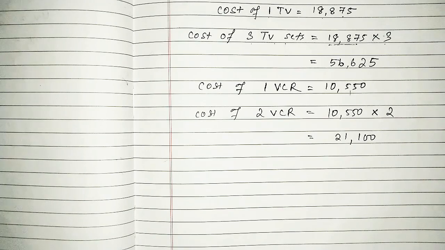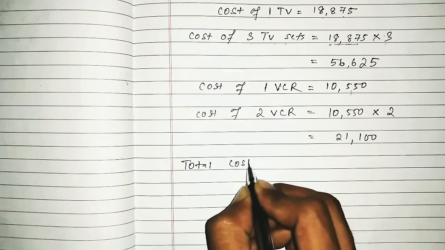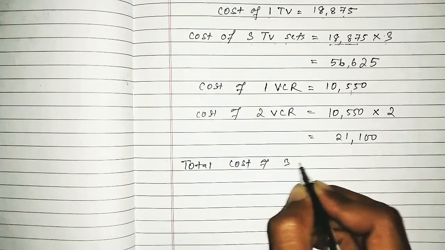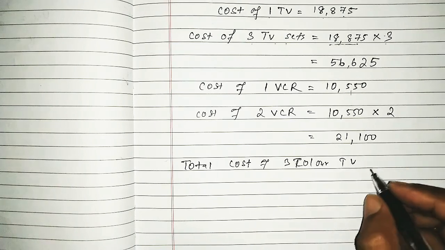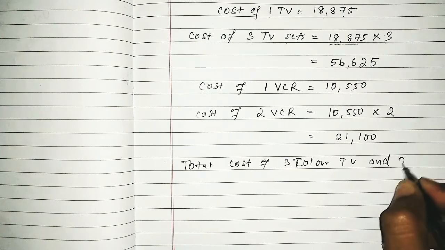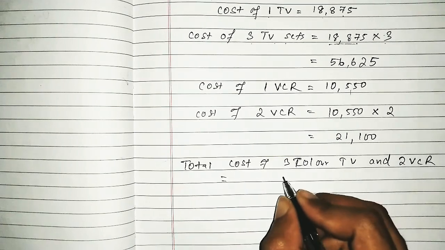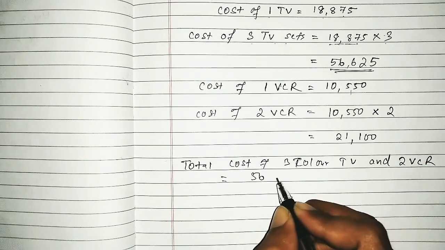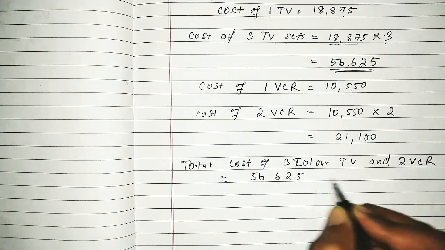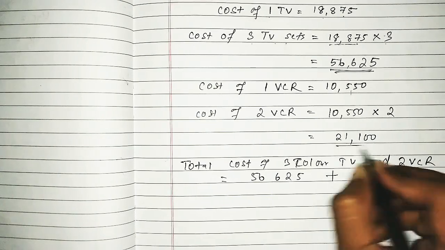So the total cost of 3 color TVs and 2 VCRs is equal to how much? That is 56,625 plus 21,100.